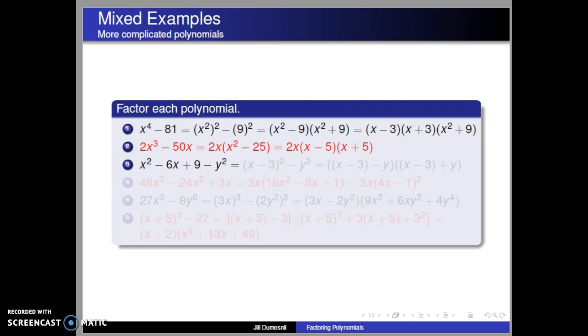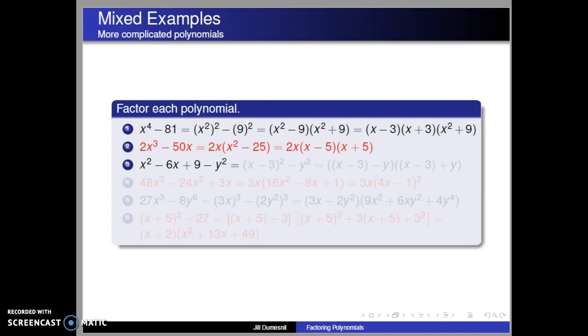If we want to factor the polynomial x squared minus 6x plus 9 minus y squared, it also does not immediately appear to be of a special form. However, if we look closely, we may notice that x squared minus 6x plus 9 is a perfect square trinomial.